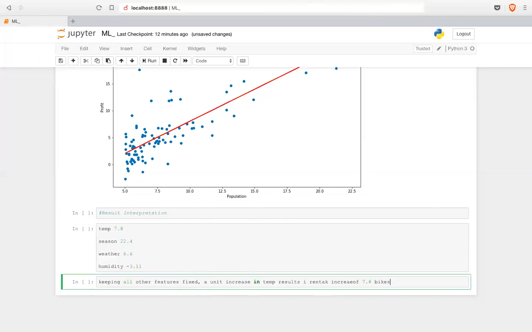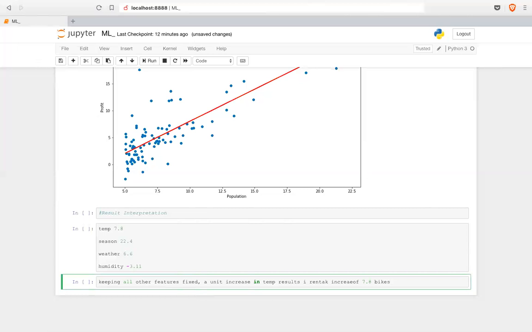Since it's negative, a unit increase in humidity results in a 1.11 decrease in the number of bikes rented. So it's not an absolute value; it's a relative value. We're just trying to understand.